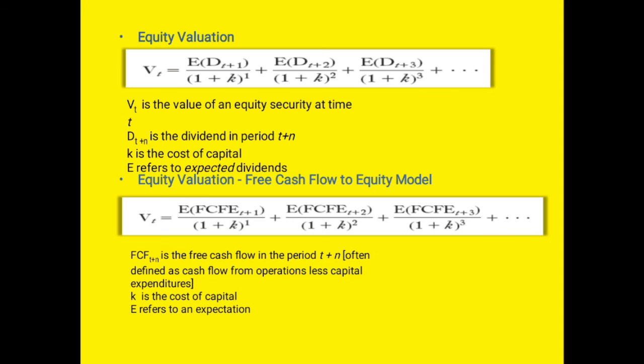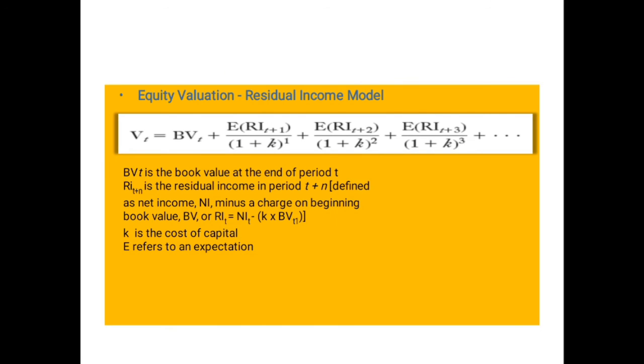I will continue. The second is equity valuation. That is the valuation about the dividend, the cost of capital, and then expected dividend. And then the third valuation is equity valuation minus free cash flow to equity model that has the formula explaining the free cash flow in the period, and then the cost of capital, and then expectation of the analysis.